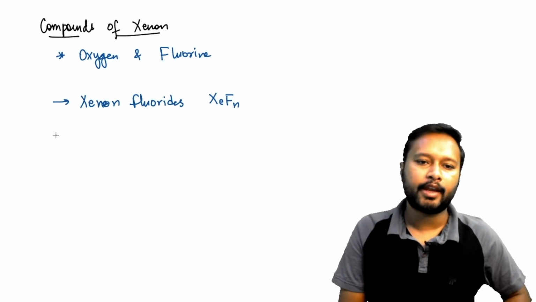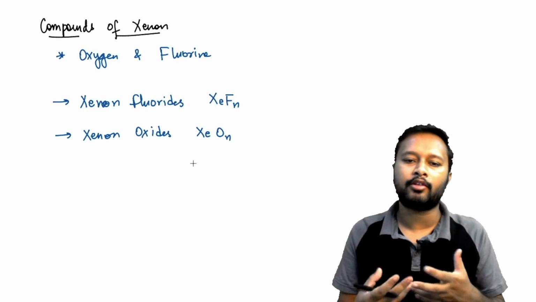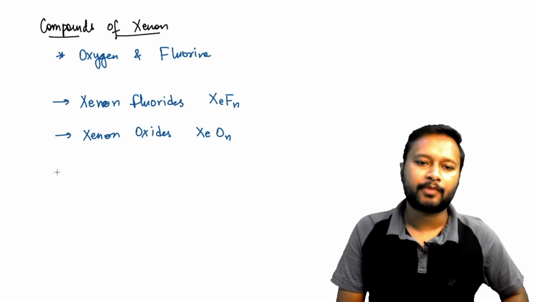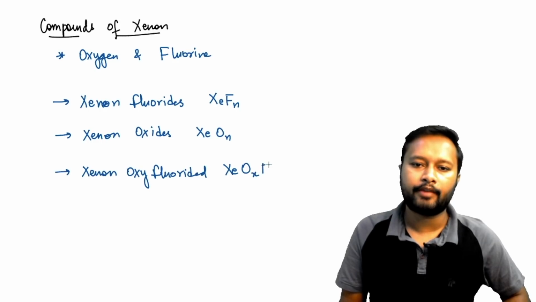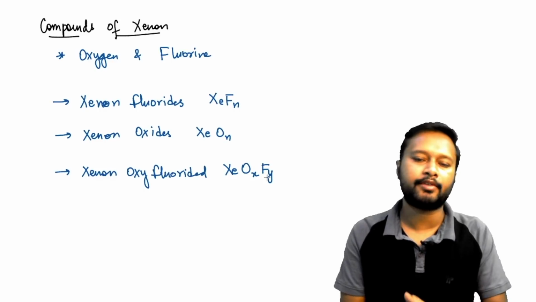Then you have xenon oxides, here XeOn, where oxygen can be even or odd. The next one is xenon oxyfluorides, like XeOxFy. This is how we have three types of compounds of xenon.